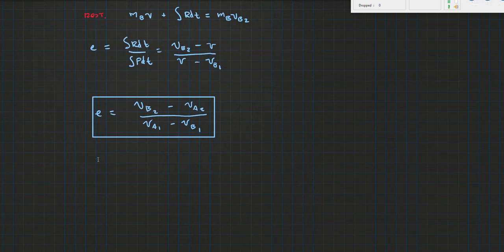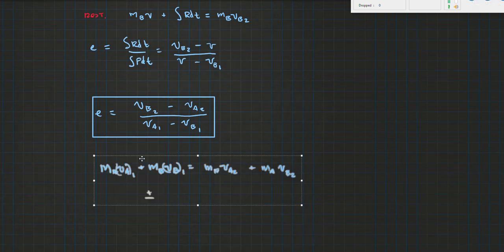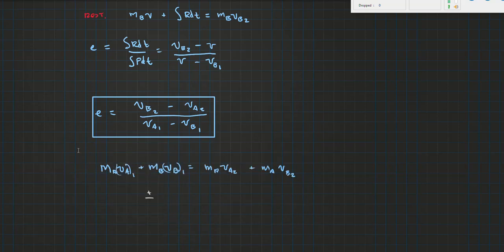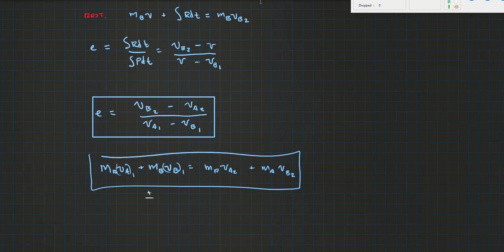And this, in combination with conservation of momentum, will be used to solve problems. Two equations with two unknowns.